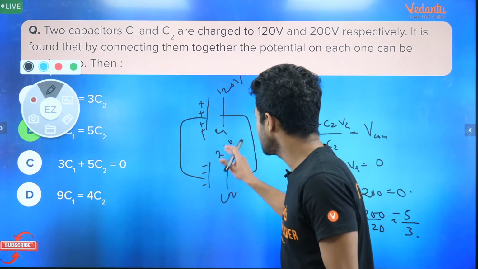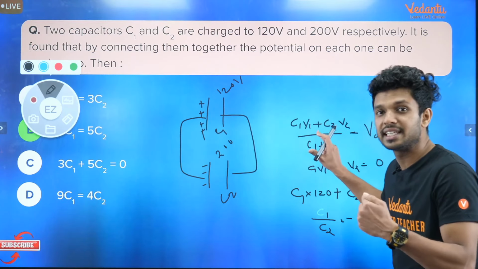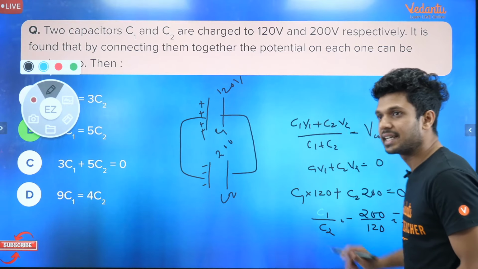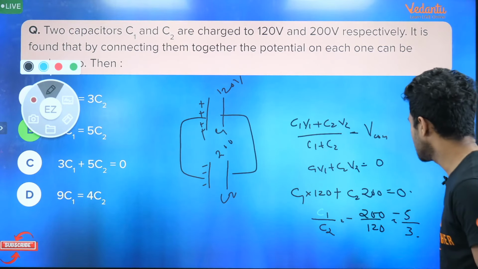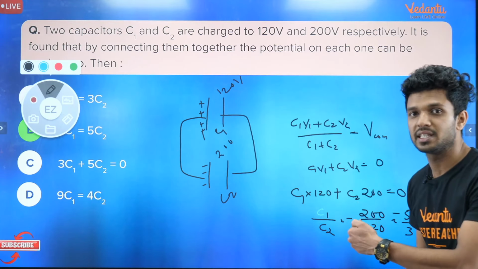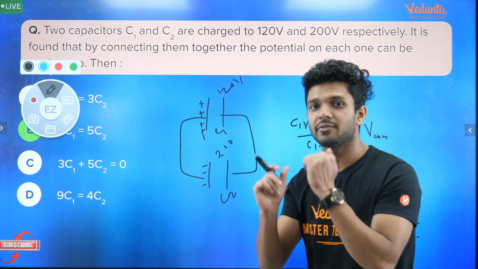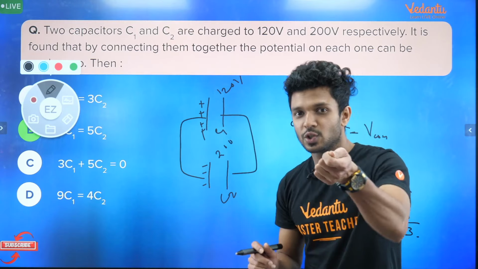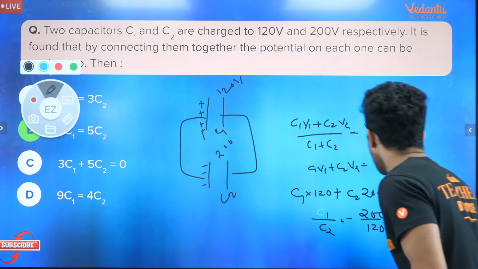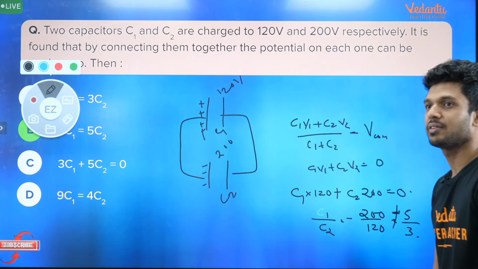If this is the kind of connection already, then the change in the equation is that you have to put a negative sign. Whenever the cells are connected in the opposite way, positive connected to negative, you have to put a negative sign. Similarly, if the plates are also connected that way, you have to put a negative sign, so that negative and negative make this positive.